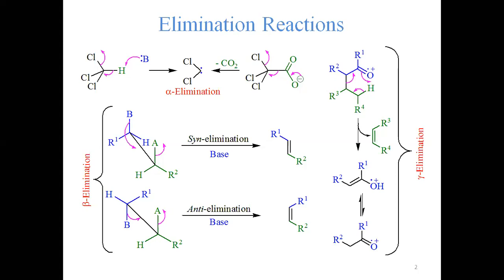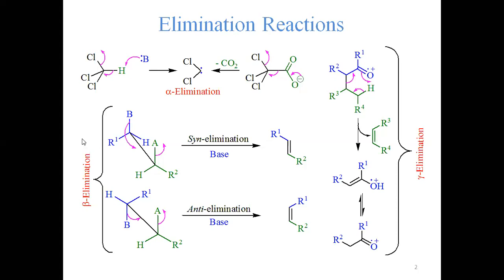But carbonium ions do generate in mass spectrometers. And similarly, gamma elimination takes place in a mass spectrometer, but it doesn't happen in laboratories. All right. So I hope this shall be clear. These are the three different kinds of eliminations: alpha elimination, beta elimination, and gamma elimination.